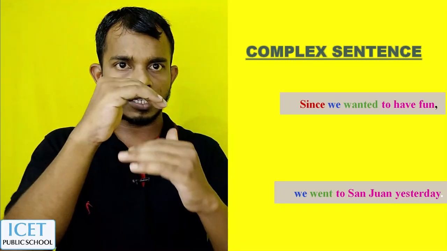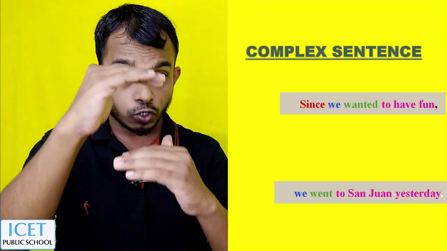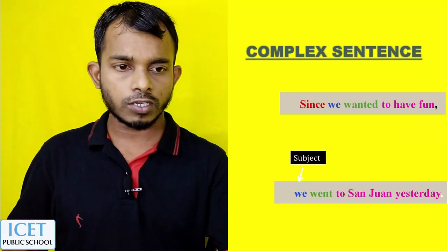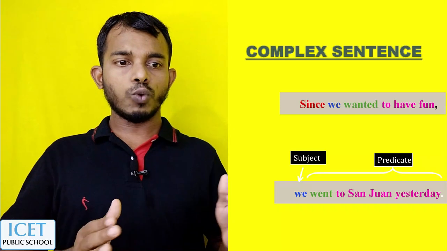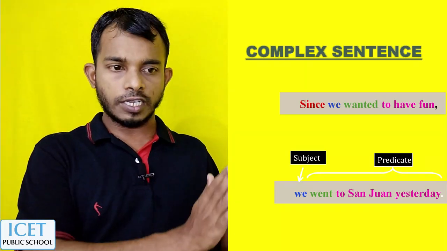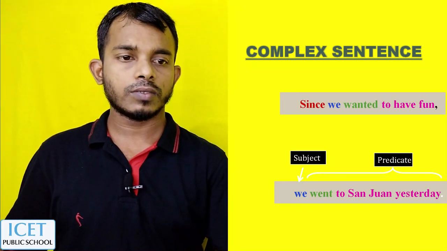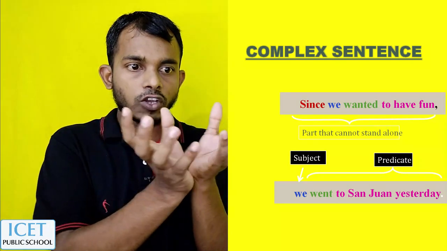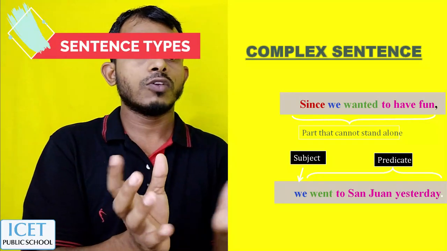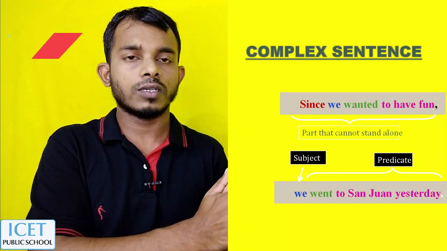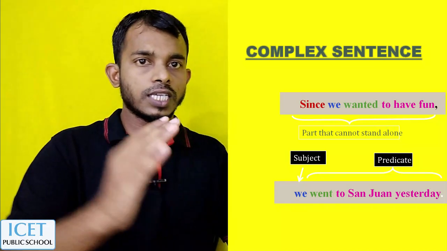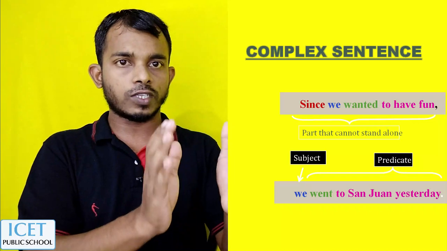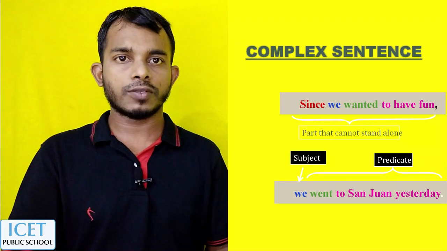So we can study these two clauses. We is the subject, no doubt, and "went to San Juan yesterday" is the predicate part. And this is the one that cannot stand alone: "Since we wanted to have fun." Because the sentence is incomplete, it cannot stand alone. We can't write only this part, it will be incomplete.